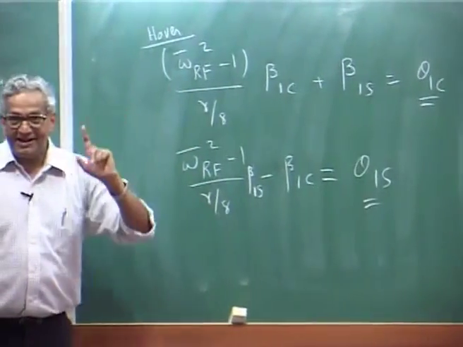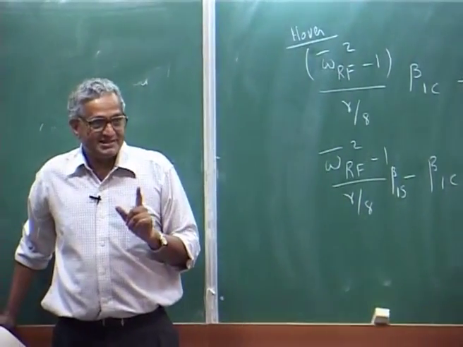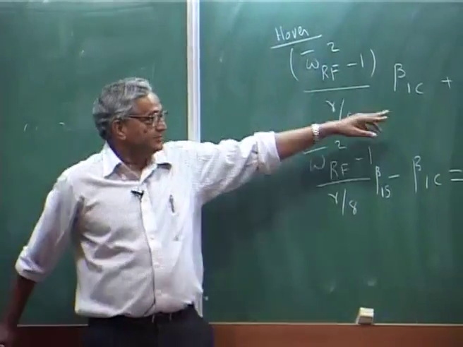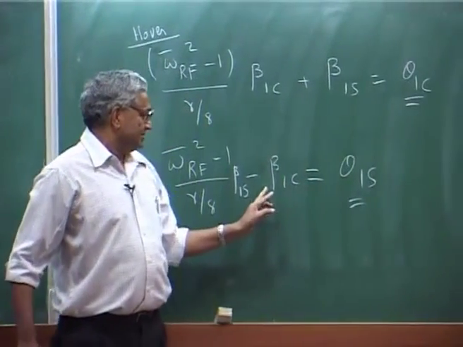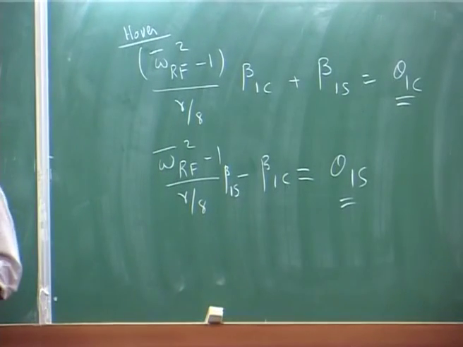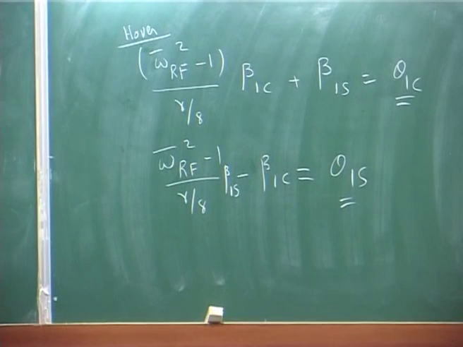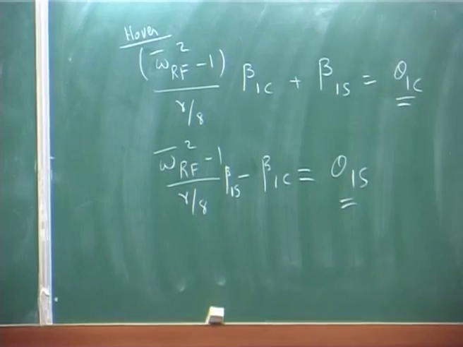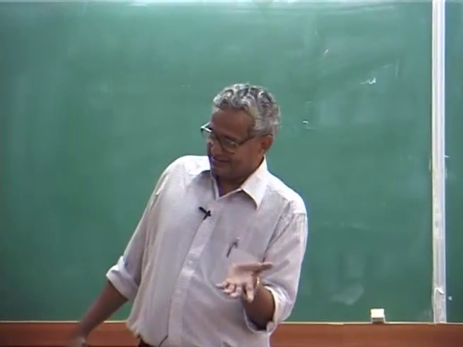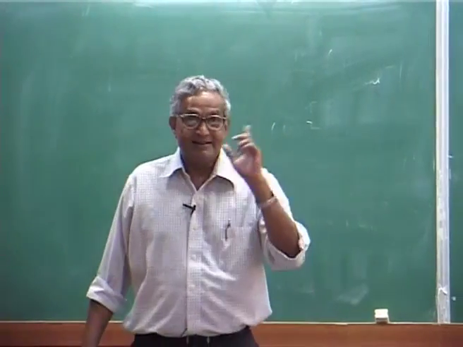If omega RF, rotating flap frequency, is other than 1, if it is 1, you got this directly, because this we got earlier. If it is not, you are introducing coupling between longitudinal and lateral motion of the rotor disc.